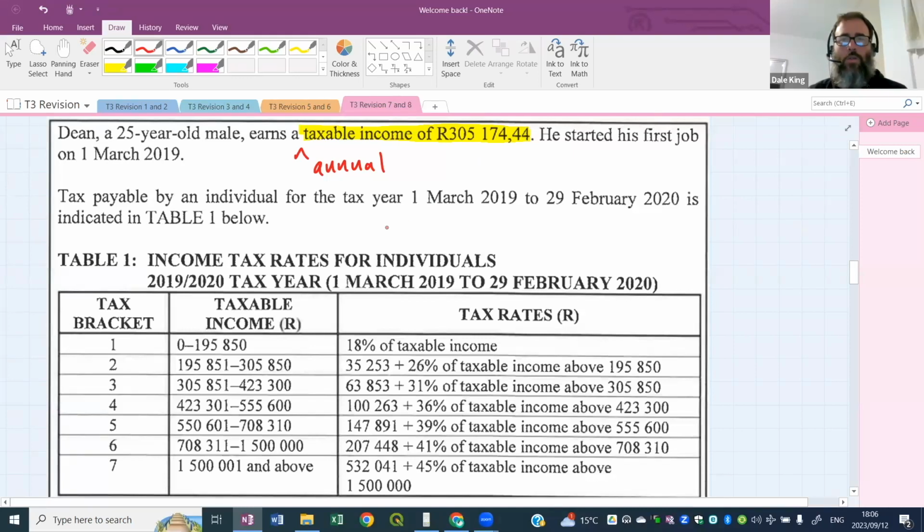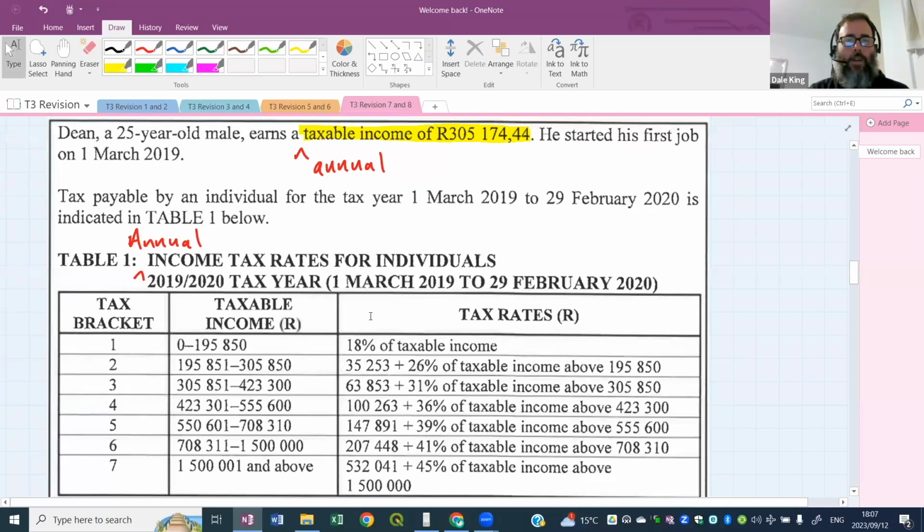That is also displayed on the SARS website, but it should be displayed somewhere here too. So we know this is an annual income tax table. When we work with annual figures, we can use this, not monthly figures. We're going to have to change monthly figures if you want to use this tax table. But we have an annual income of 305,000, and this is the table we are using.